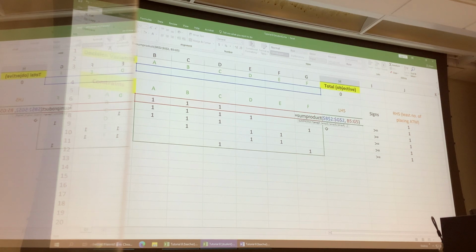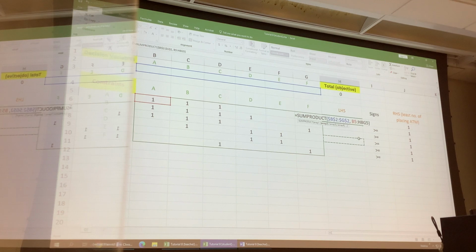We have to let the decision variables remain unchanged. So we have to add the dollar sign. Okay. So this one is the sum product, the summation of the numbers of ATMs placed and the numbers within this region. Okay.